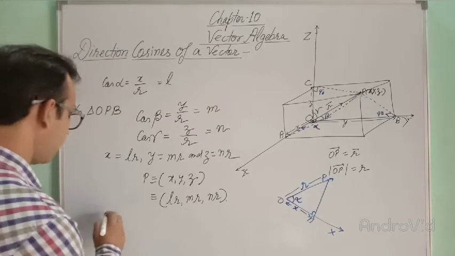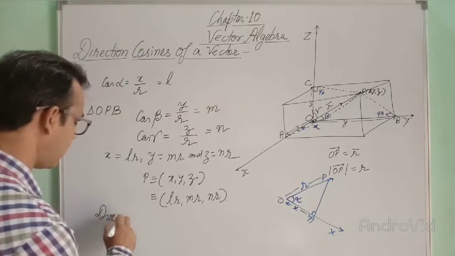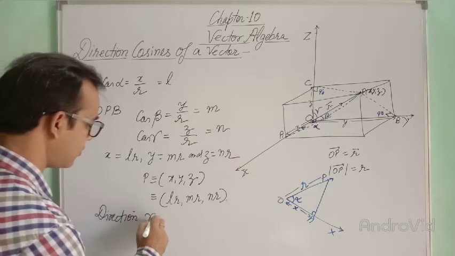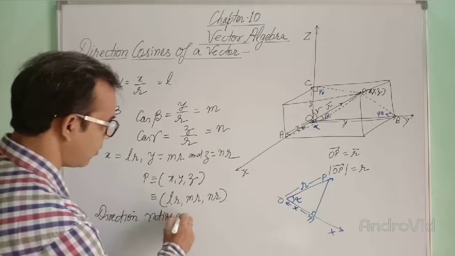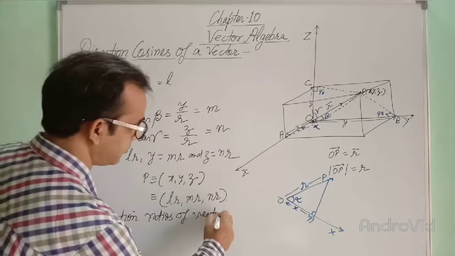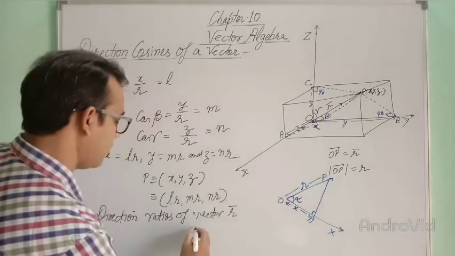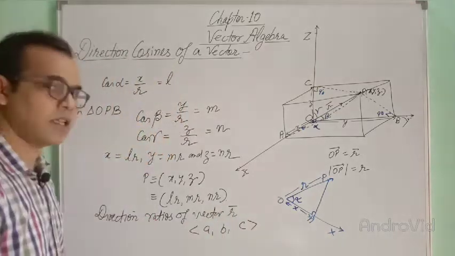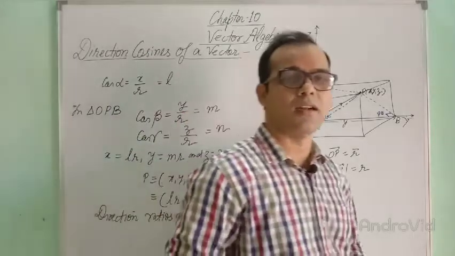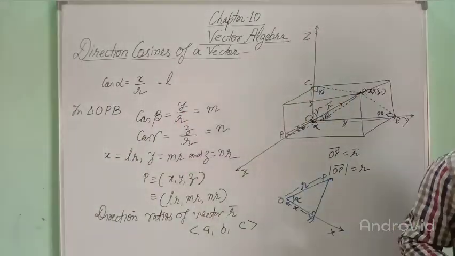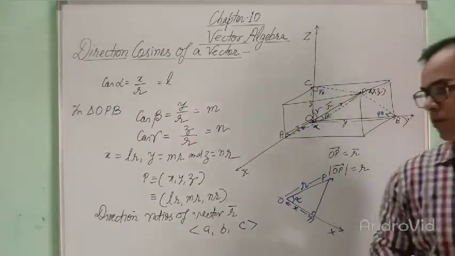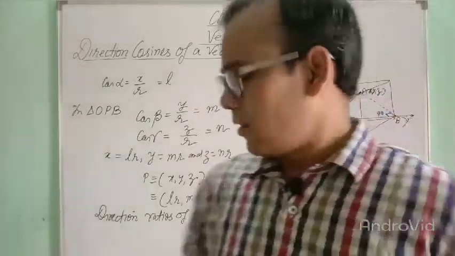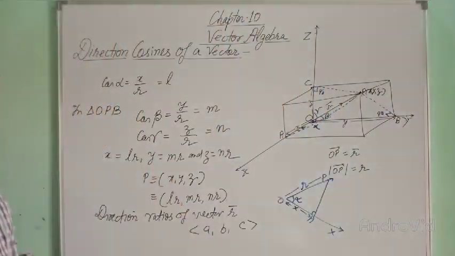Okay, so direction ratios or direction numbers of vector R will be termed as A, B, C. These are the direction ratios. A, B, C are called the direction ratios or direction numbers of the given vector. So we should keep these things in mind.